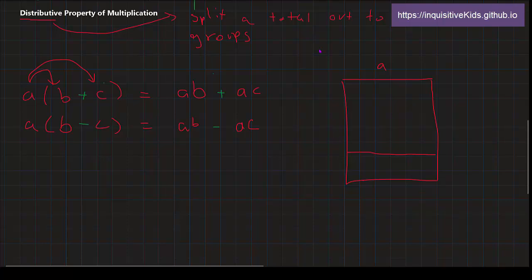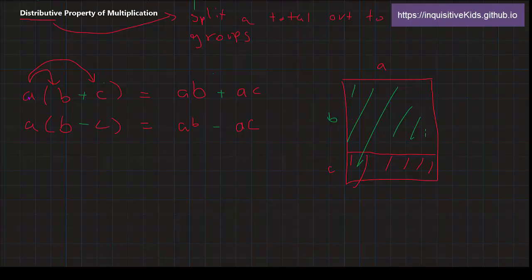This part that's colored green right here has side lengths of A and B. And this area that's shaded red is A and C. So as you can see, we're trying to solve for the big area of the rectangle.